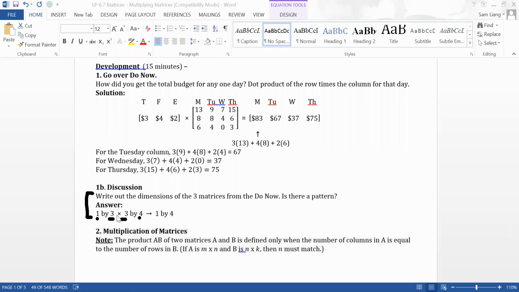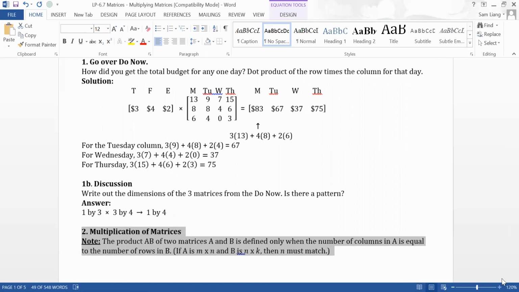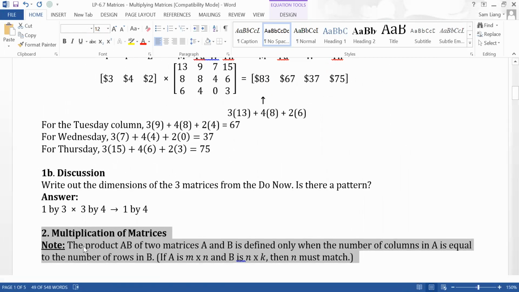So this is just a summary of what we were talking about earlier. The two numbers in the middle have to be the same. N must match in order for matrix multiplication to be defined. That's something important to keep in mind as we proceed in this unit. Let me clear the annotations, but make sure you copy that down. That is very important.